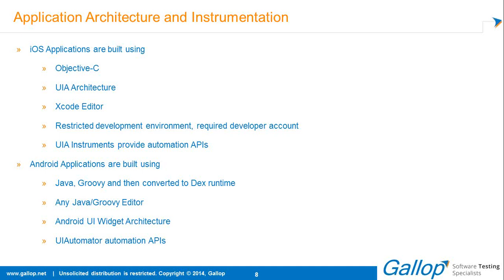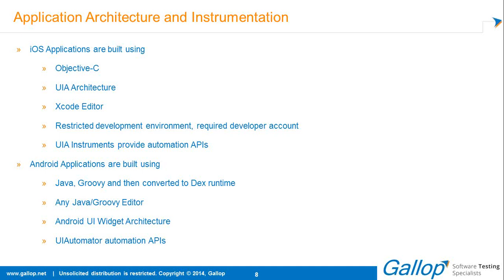Similarly, Android applications, which are built using Java, Groovy, are then converted into your DEX runtime, and you can use any Java Groovy editor. And because Android is more of open source, the restriction in terms of having a developer account to push your test application onto the device is not that much.